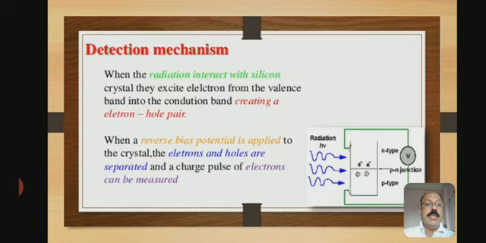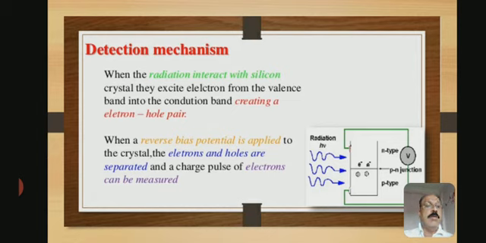When radiation interacts with the silicon crystal, it excites electrons from the valence band into the conduction band, creating an electron-hole pair. In the figure, you observe that the radiation is incident on the semiconductor diode.